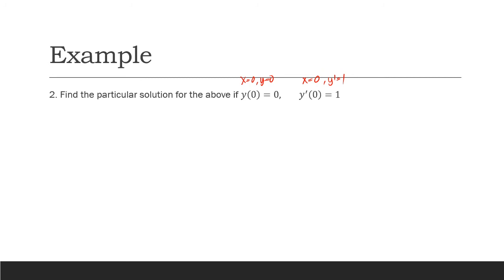So, pwede na nating makuha ngayon yung particular solution natin. So, take note, dalawa yung binigay sa atin na initial condition. Bakit dalawa? Kasi dalawa din, class, yung constant natin. So, you need two equations para makuha natin yung mga values nila since dalawa yung unknowns natin.